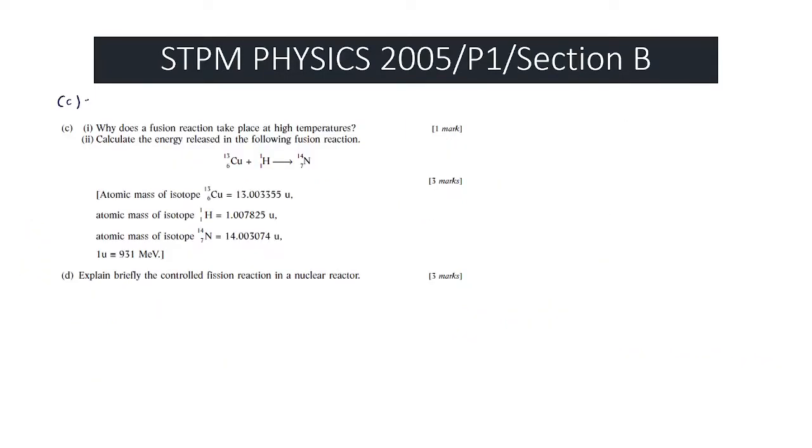So this is C1. Why does the fusion reaction take place at high temperature?